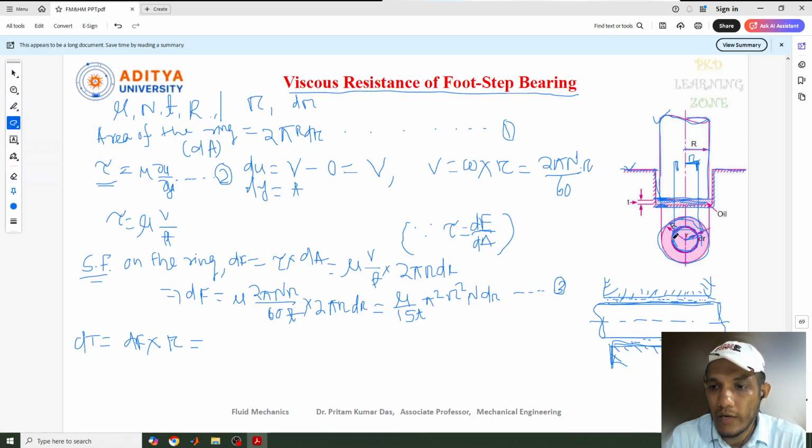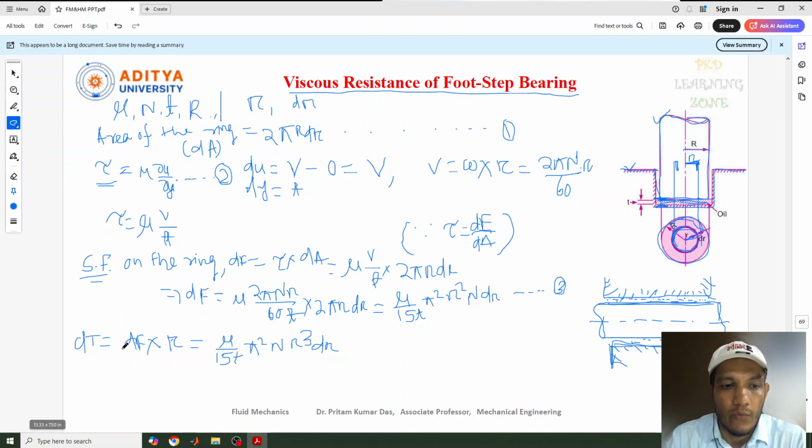We are considering the small elemental ring. So dT equals dF times r, which gives mu by 15t, pi square n, r cube dr. This is the torque required to overcome the viscous resistance.